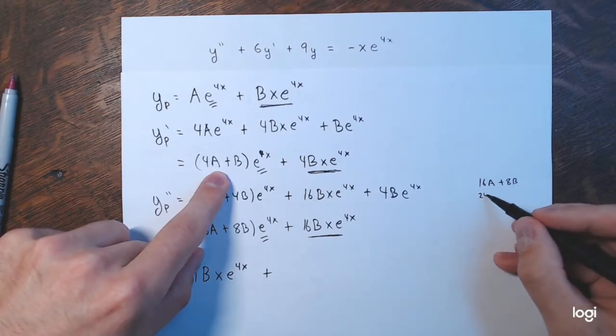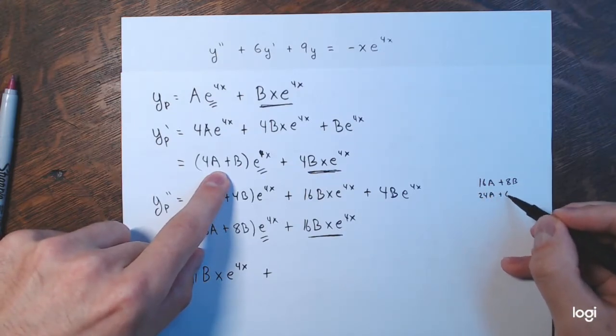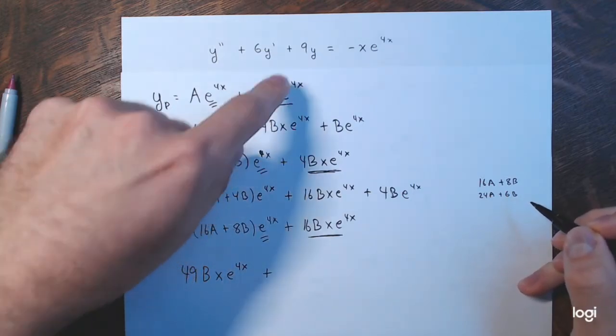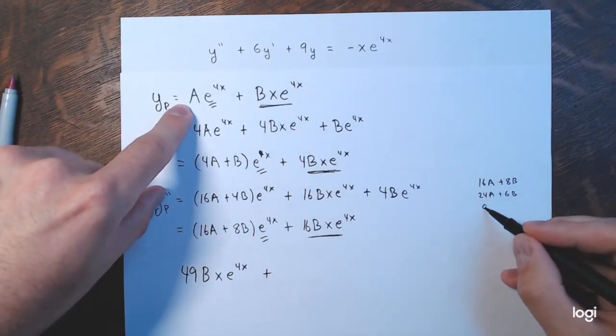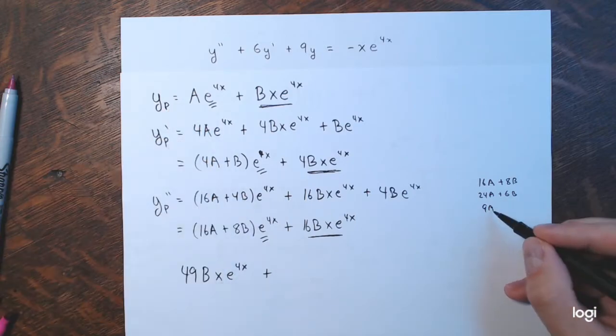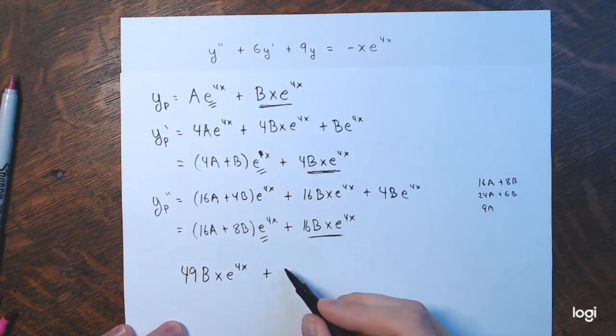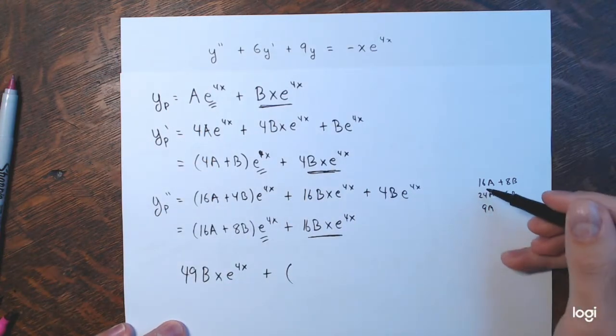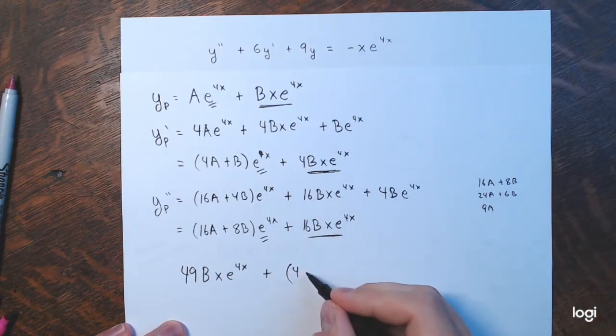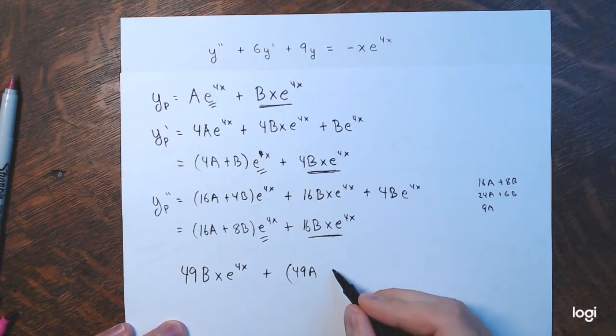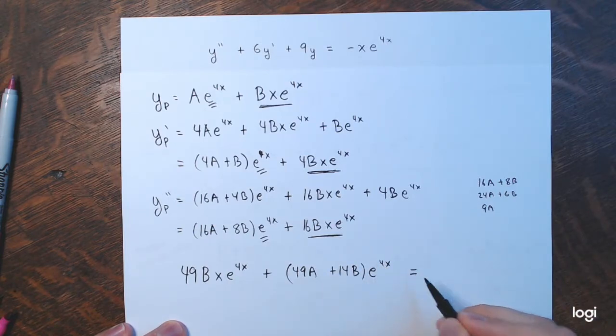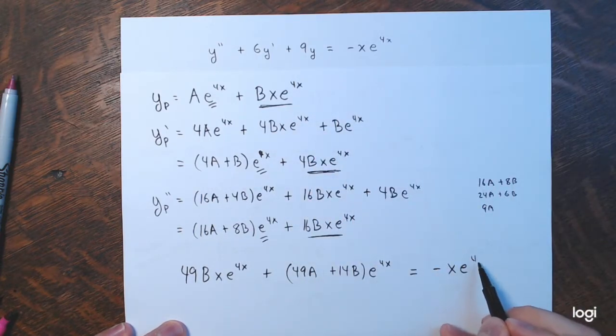That'd be 24a plus 6b, and then plus 9y, so that's plus 9a. So putting these all together, we'll have 49a plus 14b e to the 4x. And this needs to be equal to negative x e to the 4x.